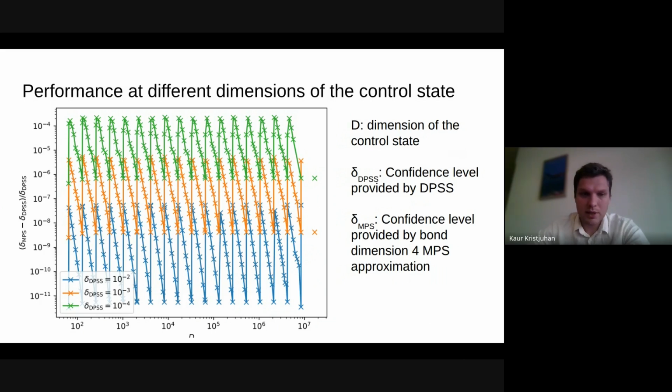But what we can see is that it's independent of the dimension, in the sense that as you double the dimension, the relative increase in error stays the same. So whatever point you pick on this plot, if you double the dimension, which means you just move along the x-axis, you'll reach the same relative increase in error.